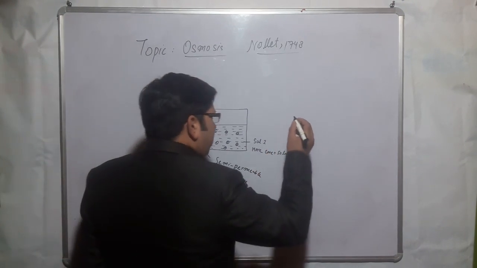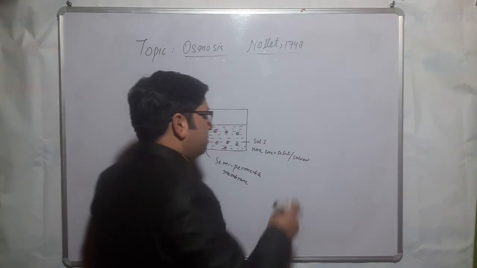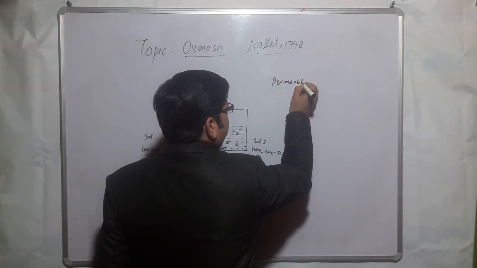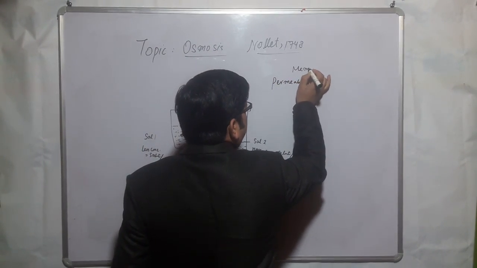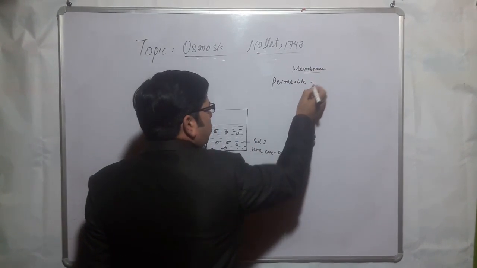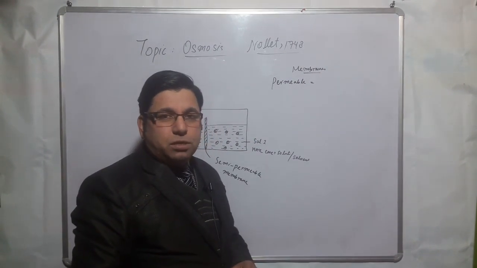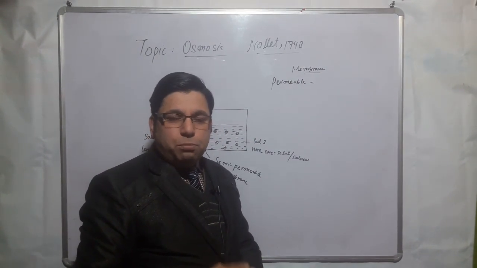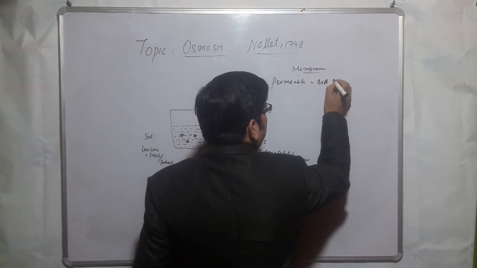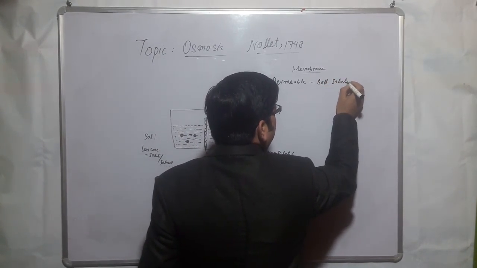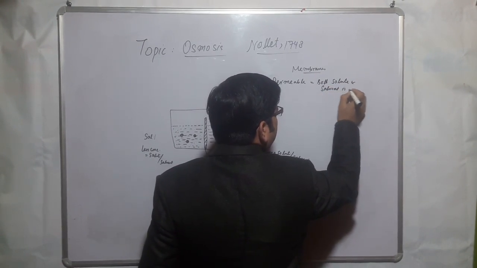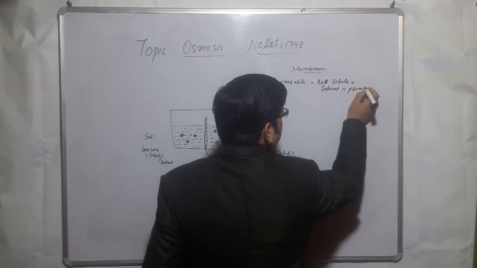Basically, membranes are of three important types. We have permeable membrane, that means those membranes which permit entry or exit of both water and solute. So both solute and solvent, which is water, is permitted.